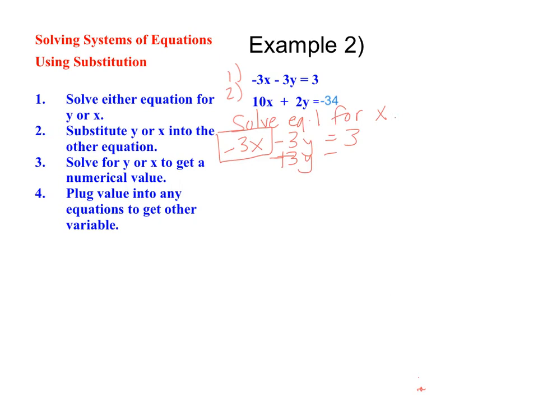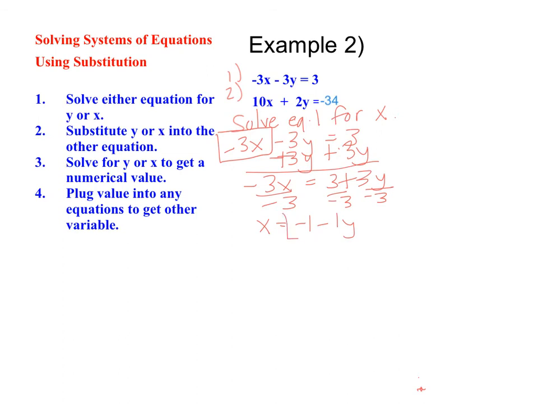Sorry about the technical difficulties. So I have -3x equals 3 plus 3y. I'm going to divide everything by -3 and simplify. So I get x equals -1, and then 3y divided by -3 would be -1y.